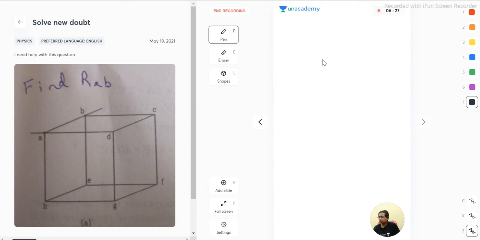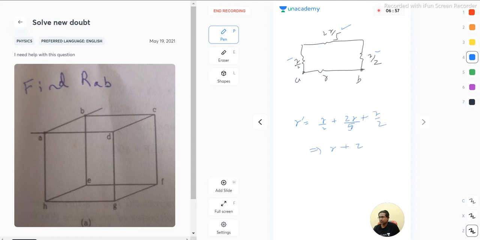Okay, so that means this is point A and B having resistance R. This is R by 2, this is R by 2, and this is 2R by 5. Now if we see that this 2R by 5, R by 2, R by 2 are in series, so their equivalent R dash is R by 2 plus 2R by 5, plus R by 2 again. So this is R plus 2R by 5, that is 7R by 5.